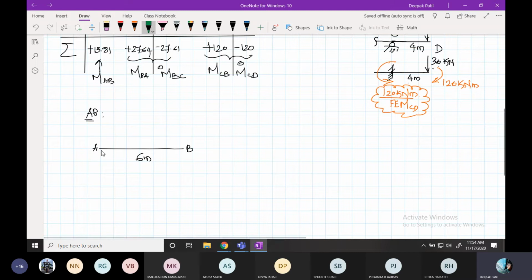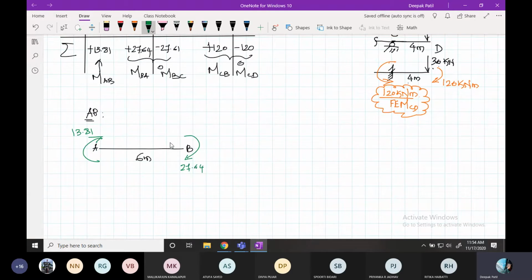Then MAB, I'm getting plus 13.81, so I should mark it as clockwise 13.81. MBA is also positive, that is 27.64, so mark that also as positive 27.64.